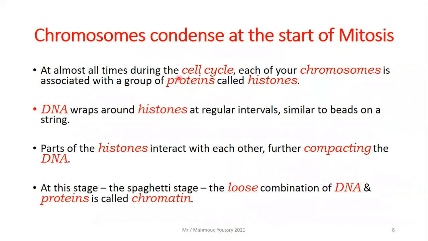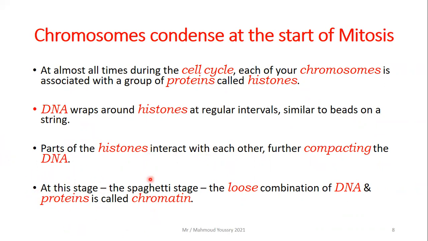Almost all the time during the cell cycle, each of your chromosomes is associated with a group of proteins named histones. DNA wraps around the histones at regular intervals, like beads on a string. Parts of the histones interact with each other, further compacting the DNA. We want the compacting of DNA to make it easier to separate during mitosis.